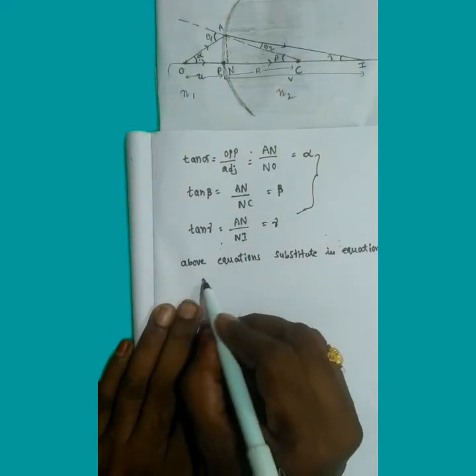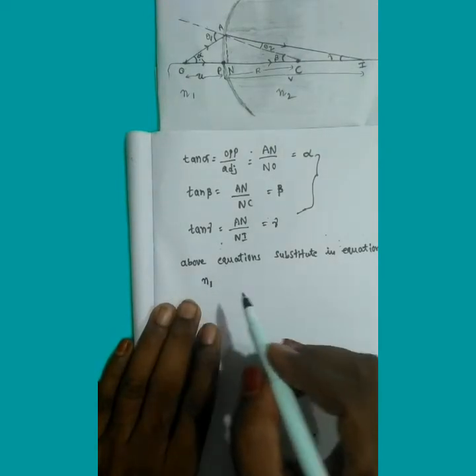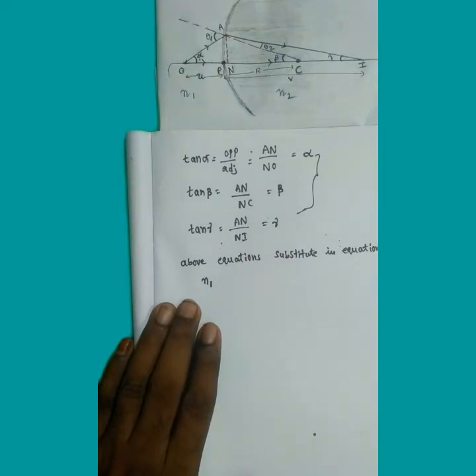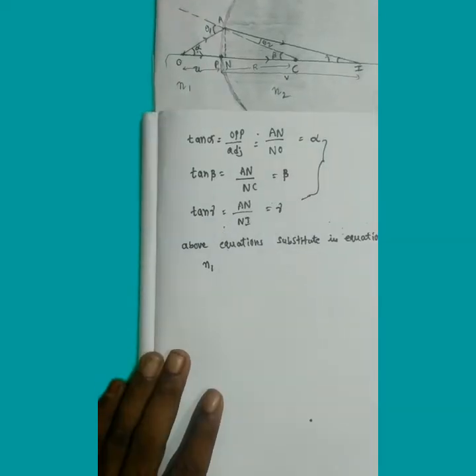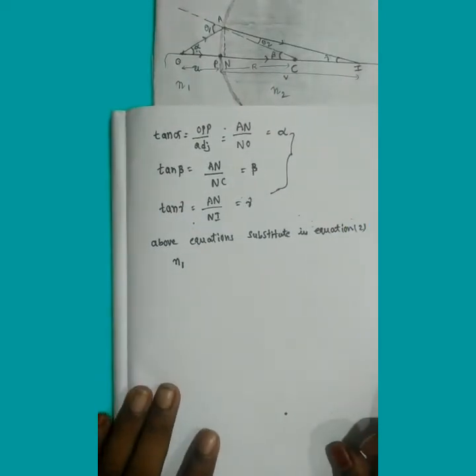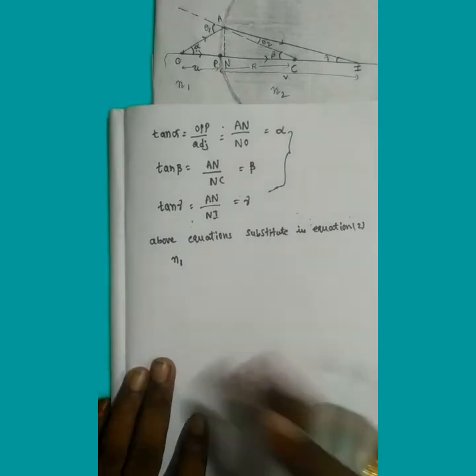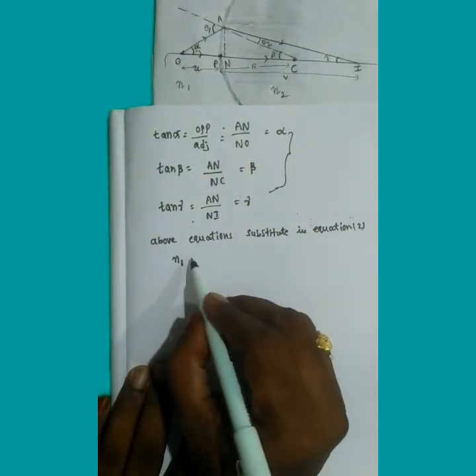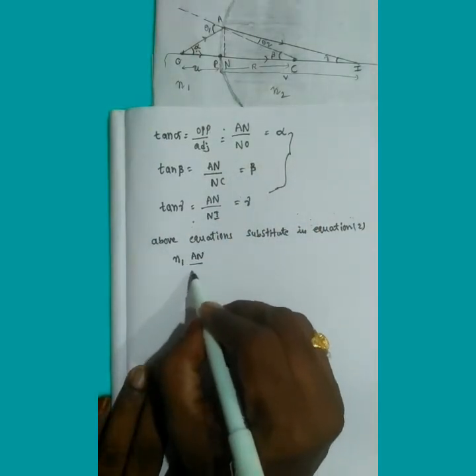What is equation 2? n1 alpha plus beta. There we have to do the multiplication. So if we do that multiplication, what we get is n1 alpha. Instead of alpha, what we have to write? AN by NO.